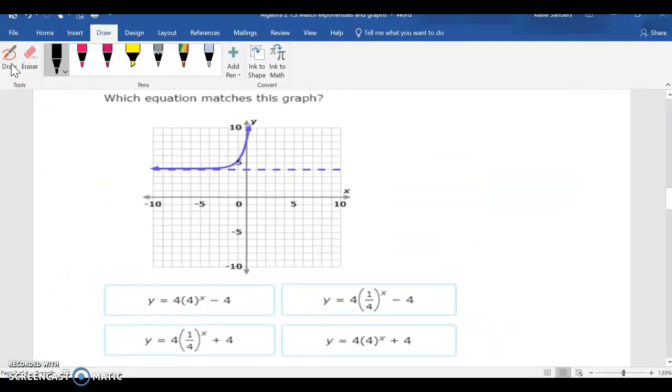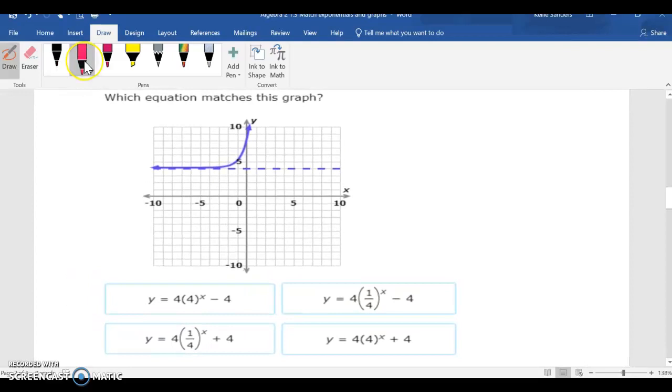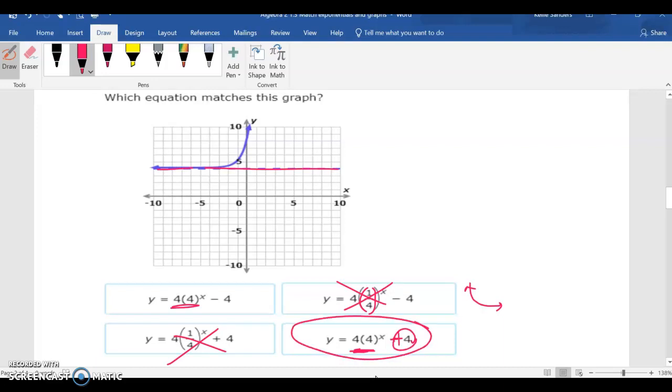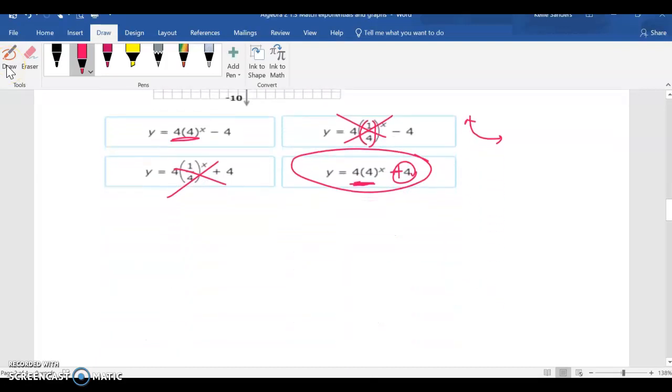Okay, so we have a normal exponential. These are your normal ones. The 1/4 would make it go in this direction, so it's not that. And our horizontal asymptote is at +4, which is this right here. So it's going to be that one.